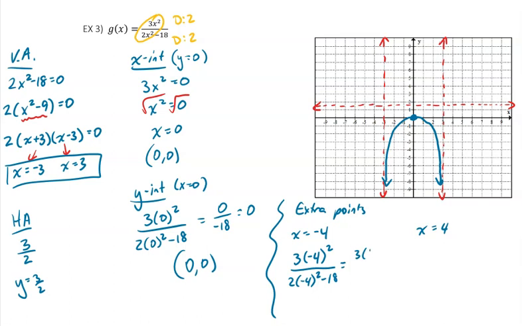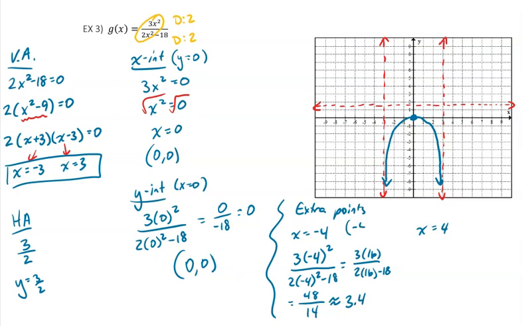It's going to be 3 times 16 over 2 times 16 minus 18, which is going to be 48 over 32 minus 18. That's 14. Which is going to be approximately, if you just plug this into your calculator, 3.4.